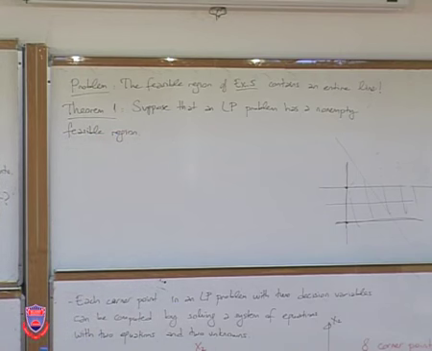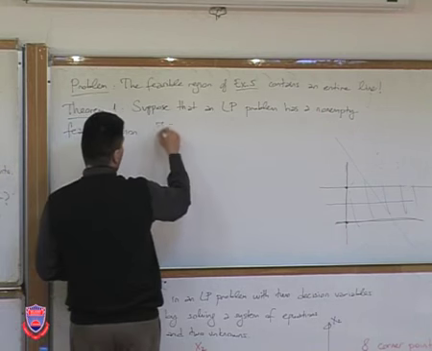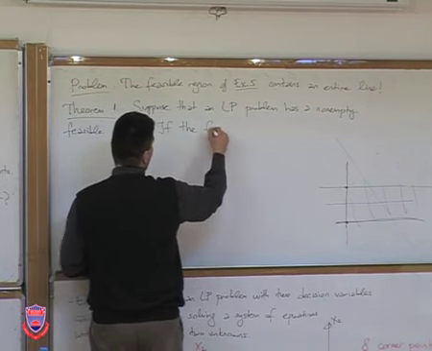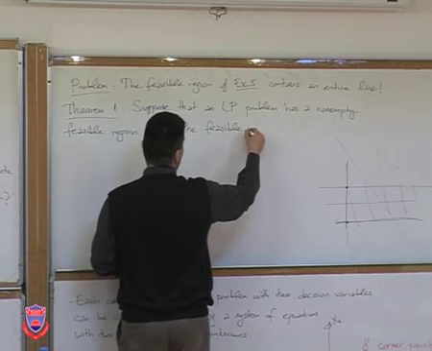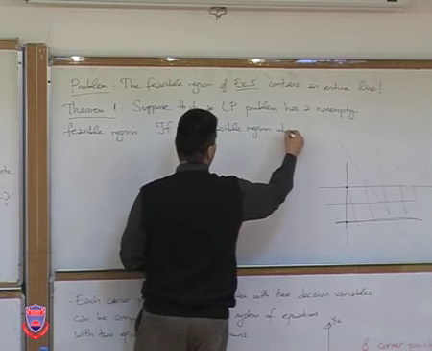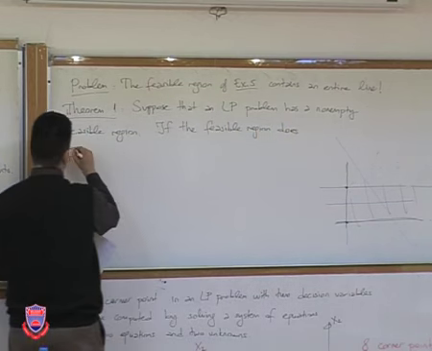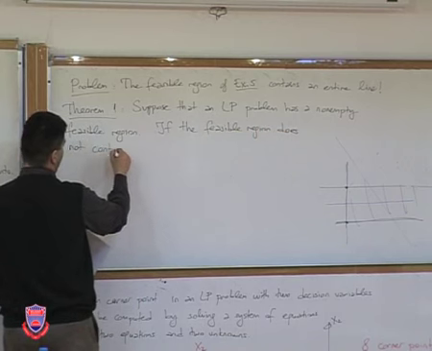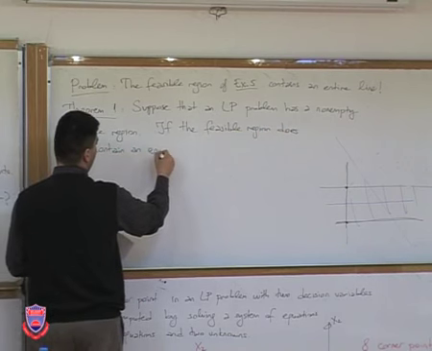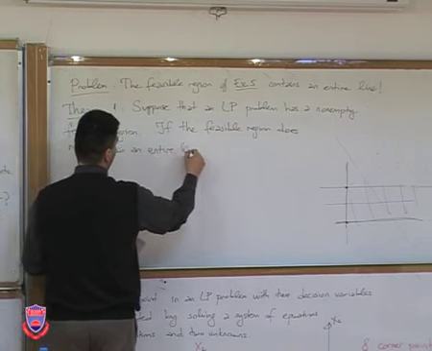Then if the feasible region does not contain an entire line, then there's at least one corner point.